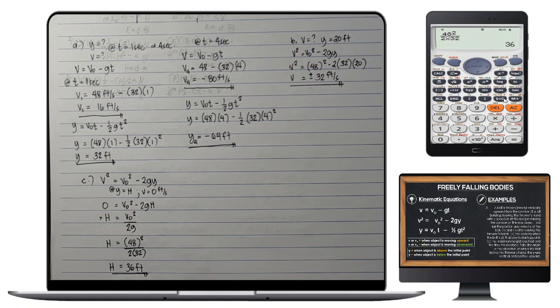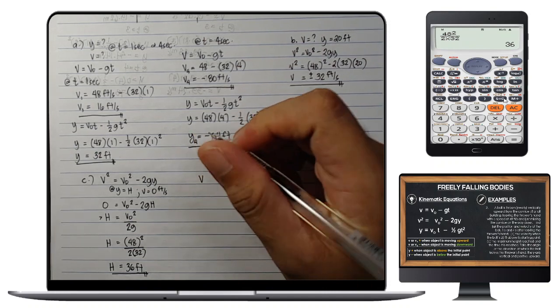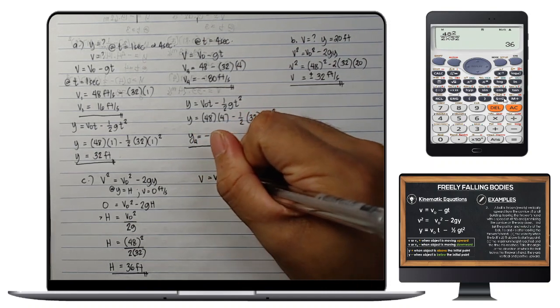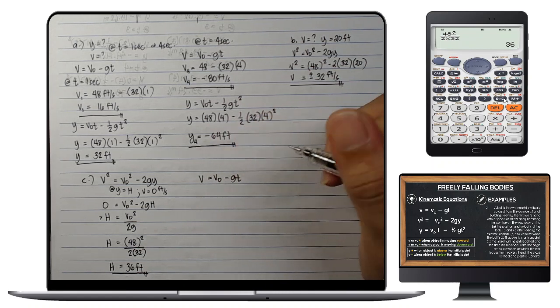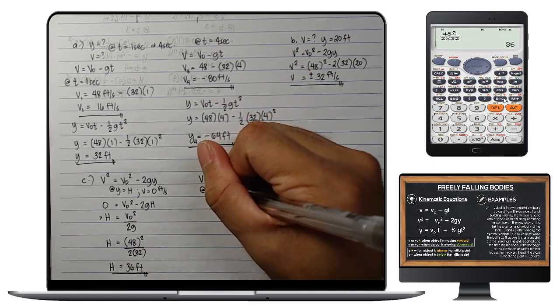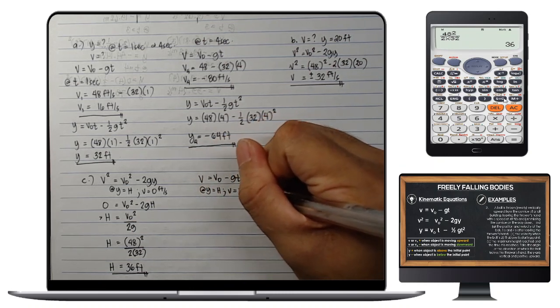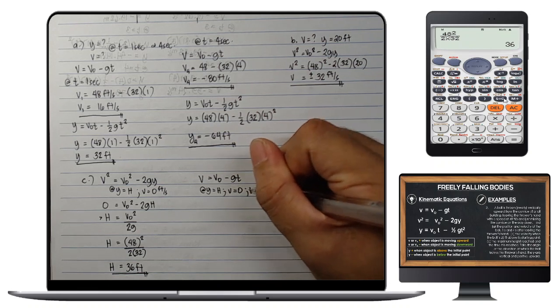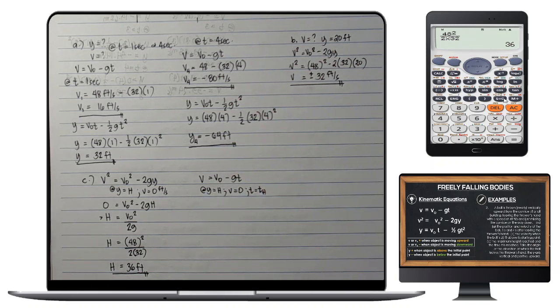So, since we already have the initial velocity, we can use this formula. V is equal to V sub O minus GT. Okay? So, when yung Y natin is maximum height, velocity natin is 0, and yung time natin is T sub H, or yung time to reach the maximum height.